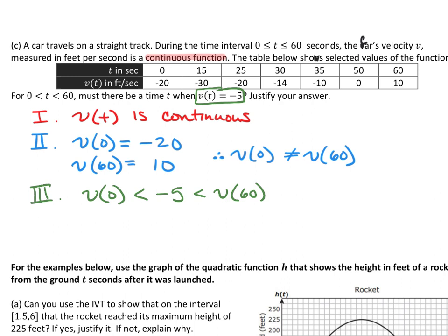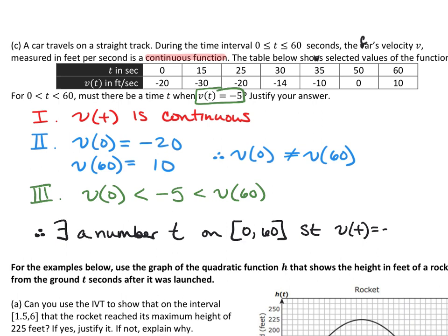Therefore, there exists a number t, we're not using x's this time, on the interval from 0 to 60, such that v of t is equal to -5 due to the IVT.